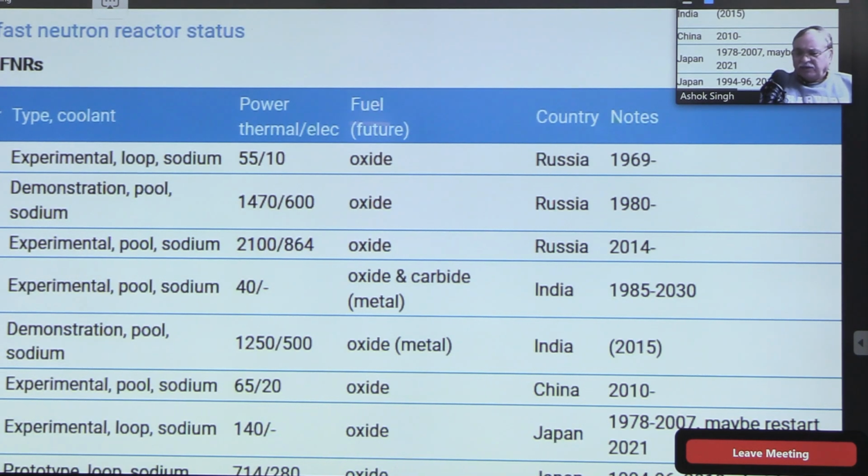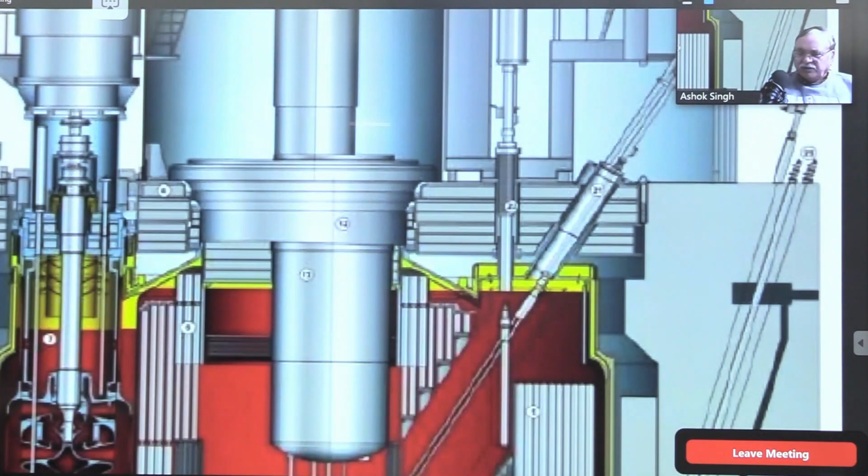Russia is the only country currently, and to some extent China also, on a small scale, which is currently trying to develop these types of reactors in a big way. This is the Russian design.